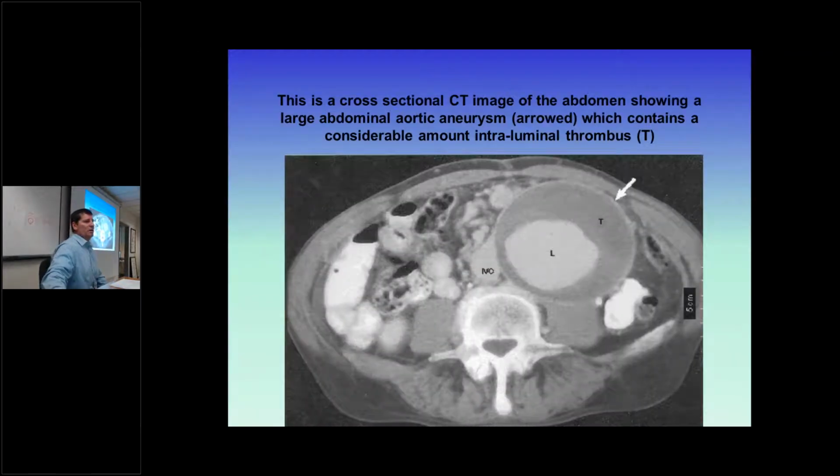What do they present like? Well, here's a CT scan showing your mass right there. So they can present as an abnormal mass. What level are we at right here? What vertebra is this?